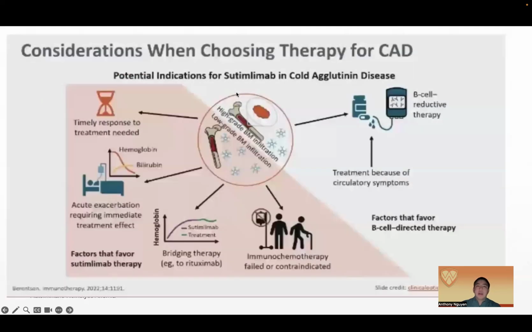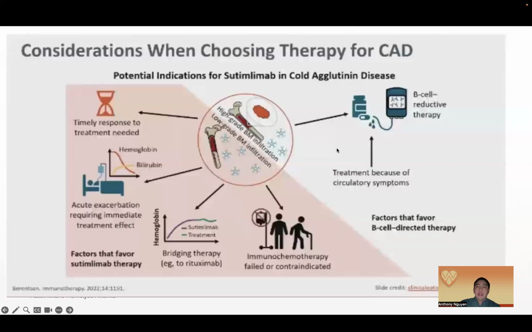So when we think about choosing therapy for cold agglutinin disease, we think about how fast we need a response and whether the patient is symptomatic. If the time needed for response is quick, meaning the patient had an exacerbation that needed an immediate treatment effect, we think about using complement inhibitors.